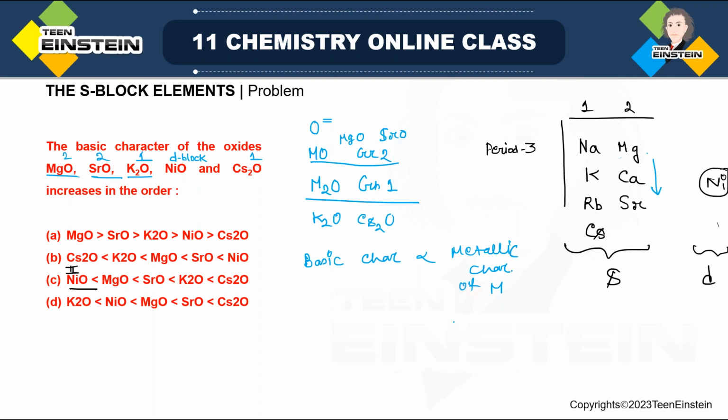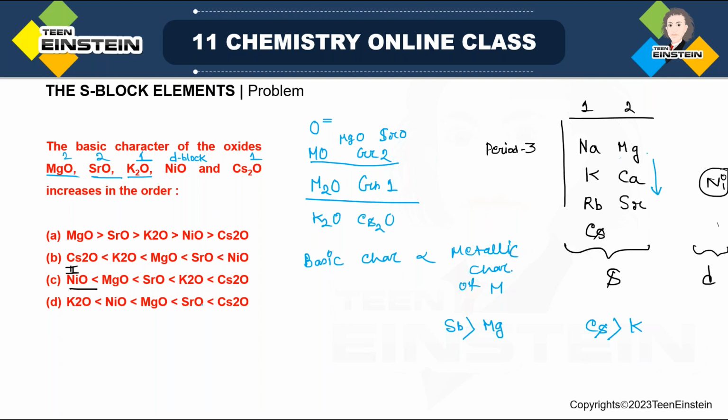So obviously strontium oxide will have more basic character compared to Mg, because it is below Mg. Similarly, if you compare cesium and potassium, the basic character of Cs2O should be higher than potassium. So Cs should be before potassium, Sr should be before Mg.